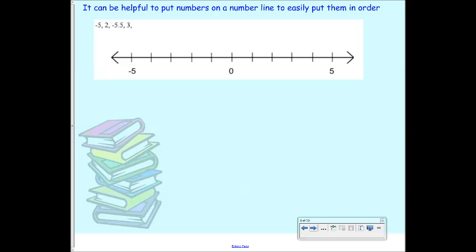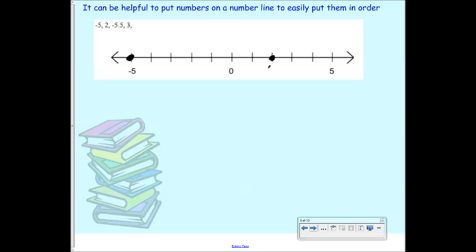I go here and I keep going backwards. So it's right here, -5.5. And then 3 is over here. So now if I'm going in order from least to greatest, what's my smallest? Then what? Perfect.